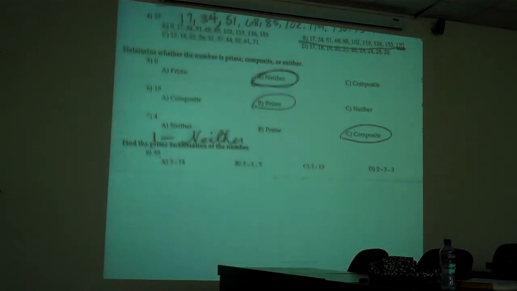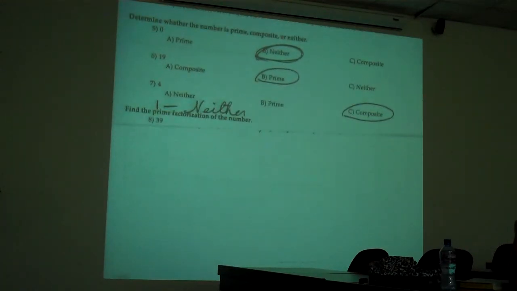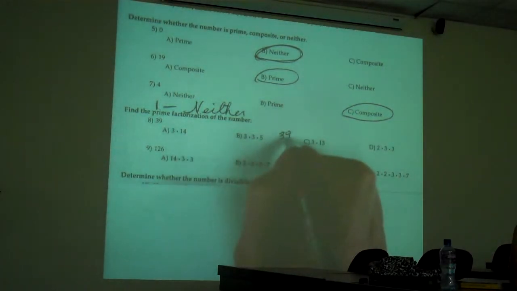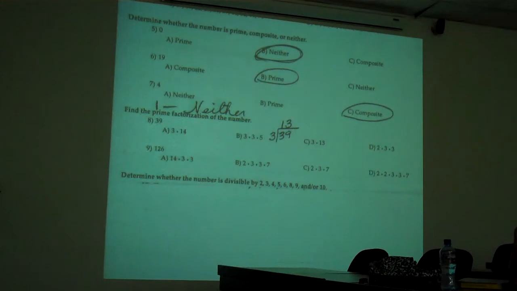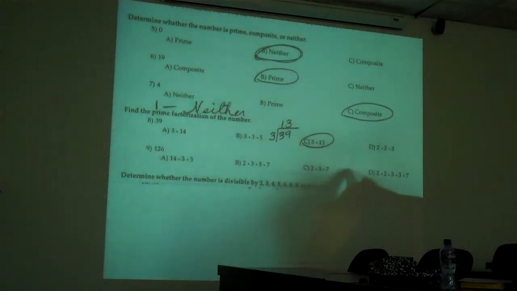Okay, number 8, 39. We need to divide that into the prime factors. 39, you can divide it by 3 is 13, right? So it's 3 times 13. Yeah, C. 126.